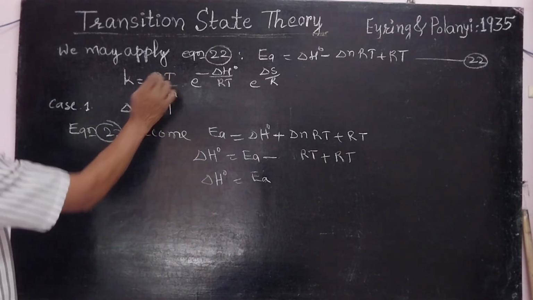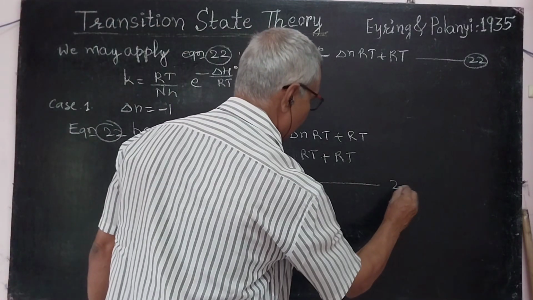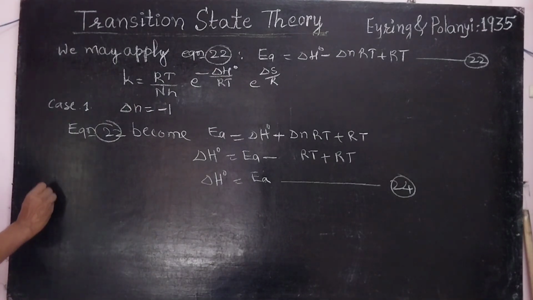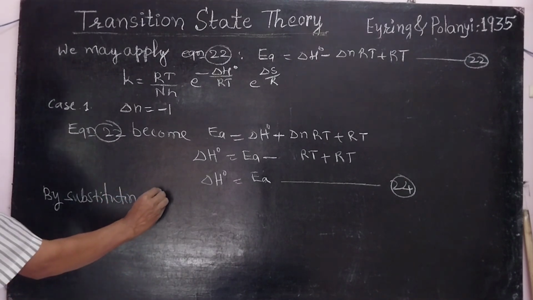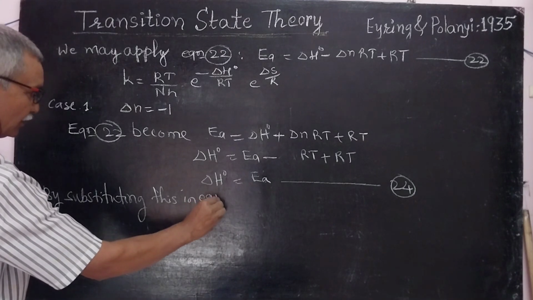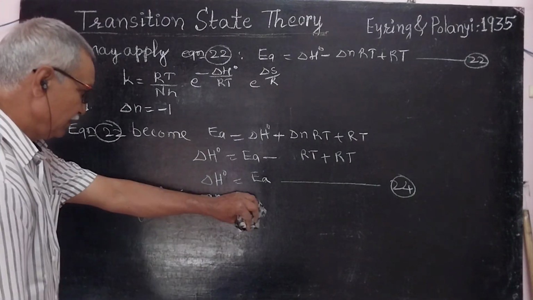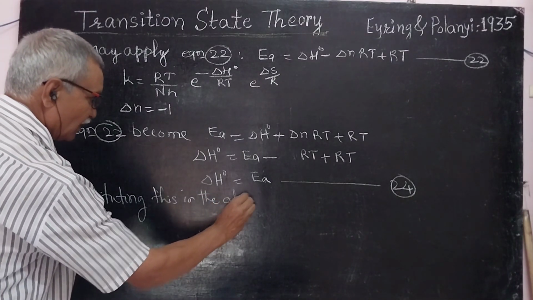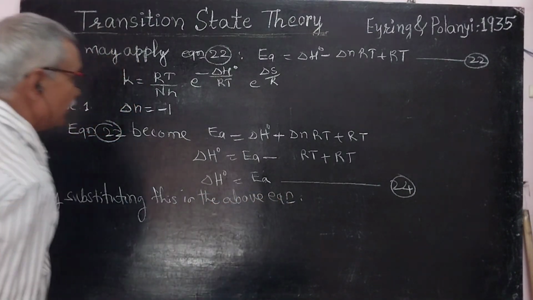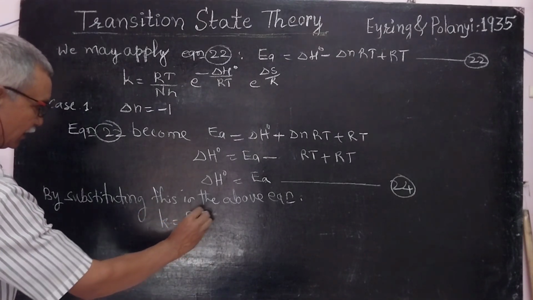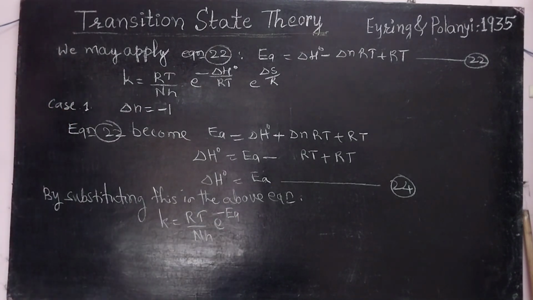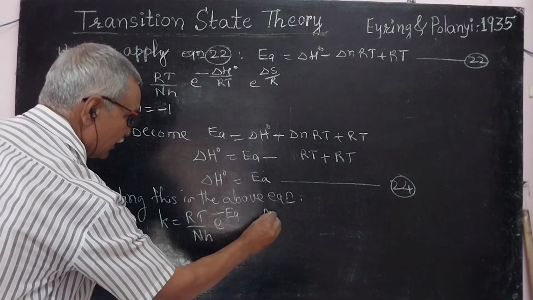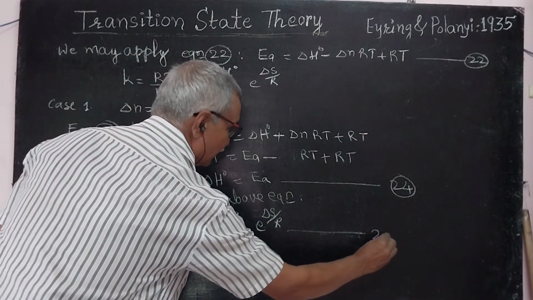Then by substituting this in equation 22, in the above equation, we get k equal to RT divided by Nh, e raised to minus EA, then minus RT plus RT gets cancelled, then e raised to delta S star divided by R. So this is equation 25.